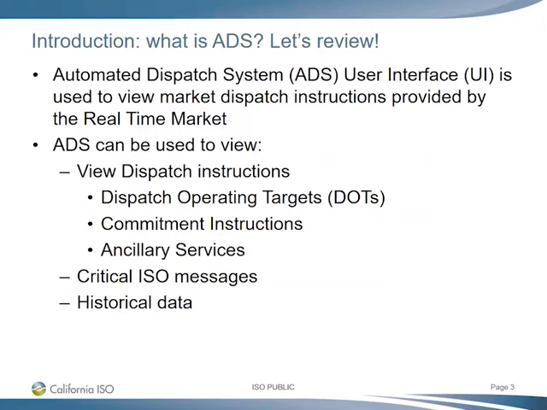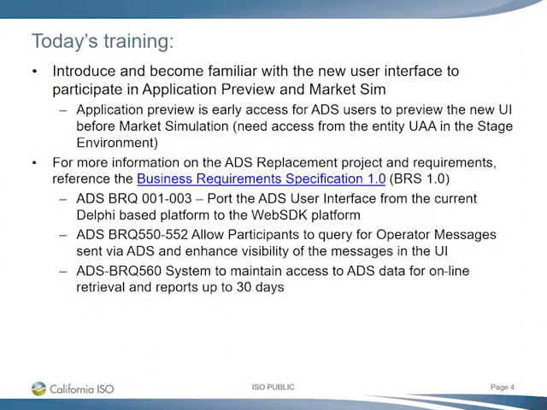You can view commitment instructions, ancillary service instructions, as well as critical ISO real-time messages, and some of the historical data with all of that. So if that does not apply to you, you might not be in the right place today. But if it does, then welcome to the ADS UI replacement.